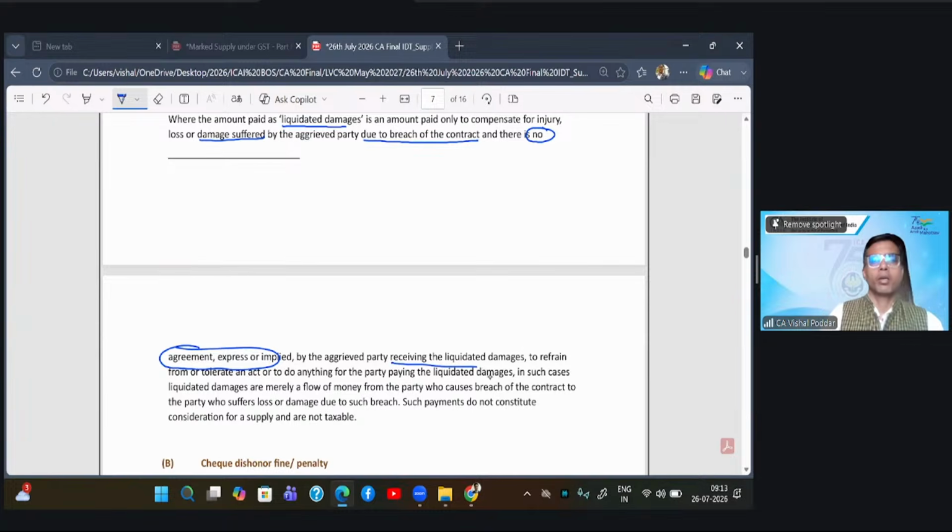This is what I in fact explained at the end of the last lecture when one of the students asked me the question: what is this, you are saying express contract, not express contract? So I gave an example. I have asked you to construct my factory building within a time of 6 months.